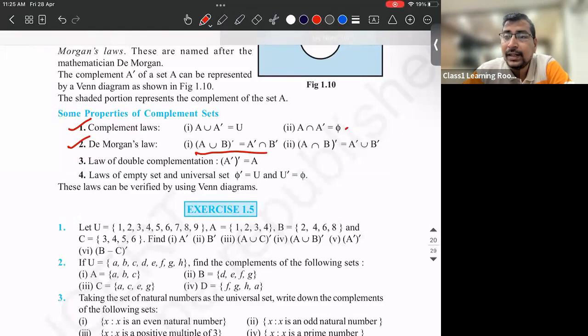If you do A intersection B, the whole complement, then you will get A complement union B complement. Write this first. We'll check with that example if it is working or not. So first write down these two points.